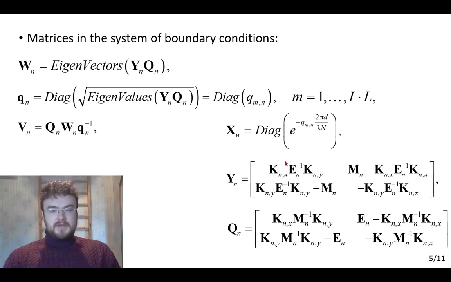They include Kx and Ky, diagonal matrices of the components of wave vectors of all orders in the layer. E and M are the matrices of Fourier coefficients of the series expansion of the permittivity of the layer.